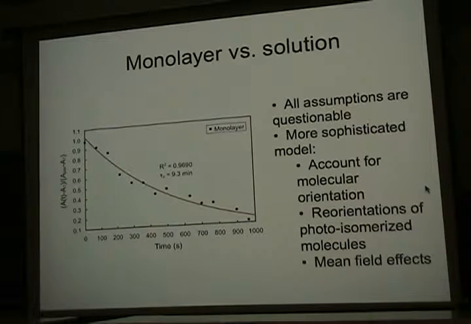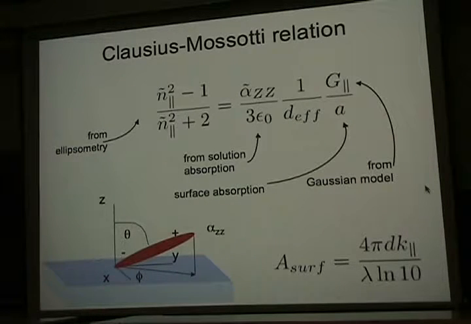So I guess then the point was to construct a better model for how the monolayer molecules, DMR molecules, are arranged and how that produces the optical signals that you're measuring. And this relation, this Clausius-Mossotti relation, tries to do that. And so this is relating the macroscopic optical quantities that you would measure for the monolayer to the microstructural arrangement of molecules in the monolayer.